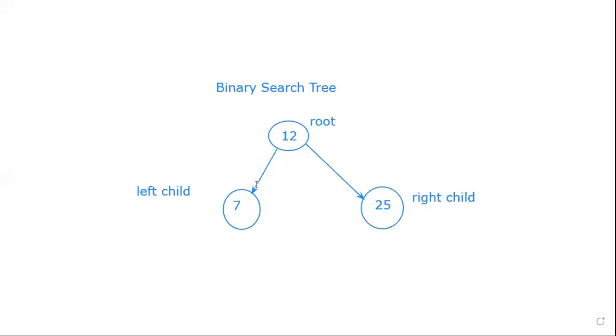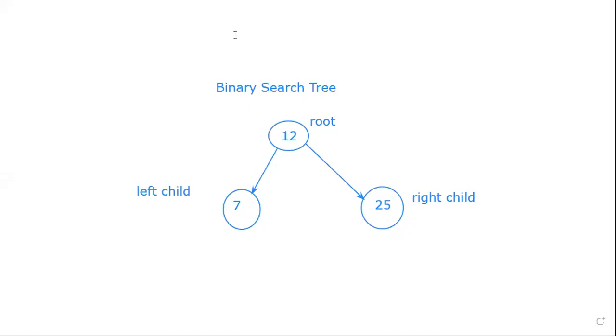Okay, so here we are having three values, 12, and you can see that 7 is always less than the root, that is 12, and you are having a value greater than 12 at the right position.